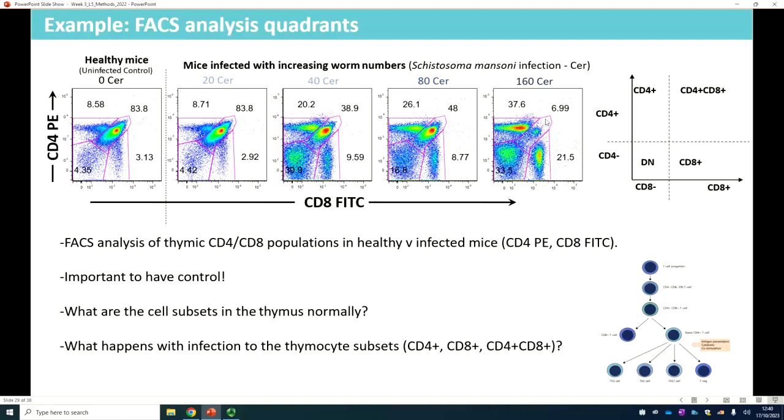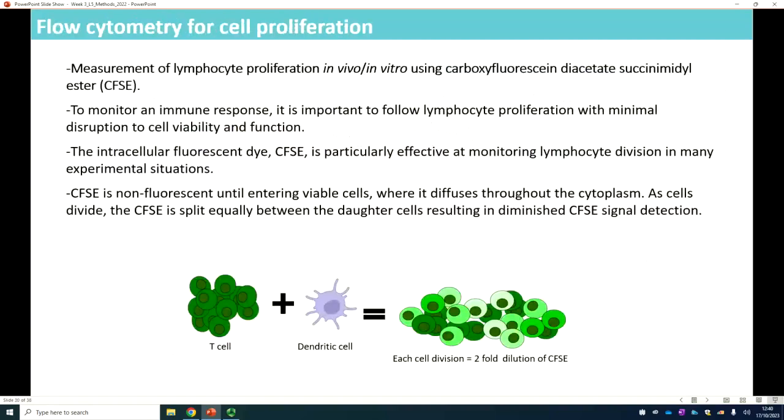So what you'll see is that your double positive, your CD4, CD8 numbers are starting to decrease, but you're getting an increase in your CD4 single positive or your CD8 single positive, and this is sort of coinciding with thymocyte differentiation and how that actually changes during the course of an infection. So you can see that it's quite a useful technique.